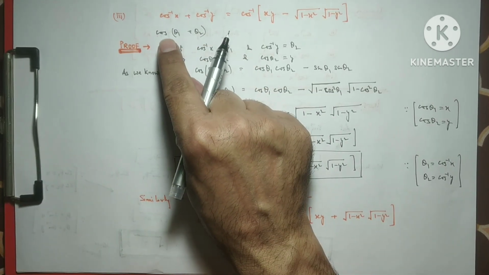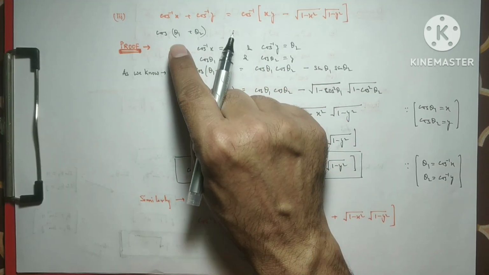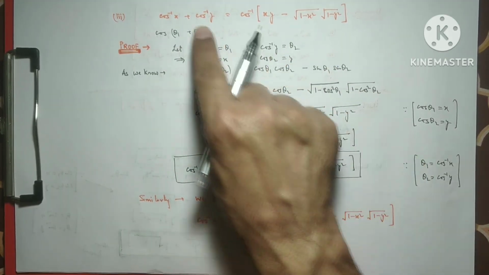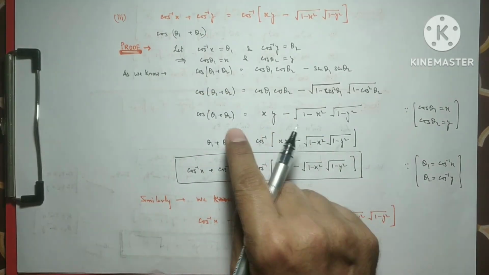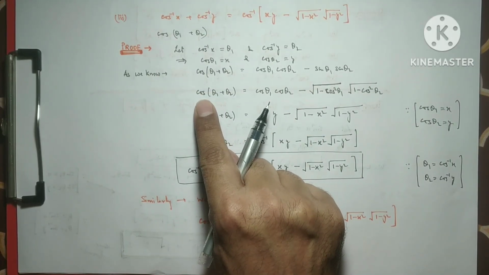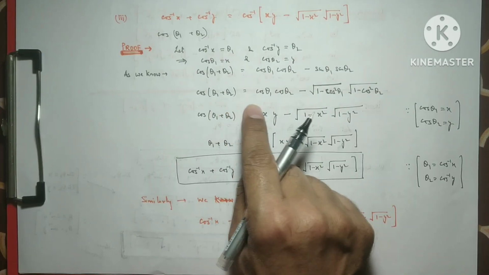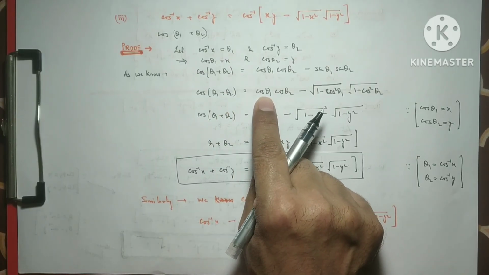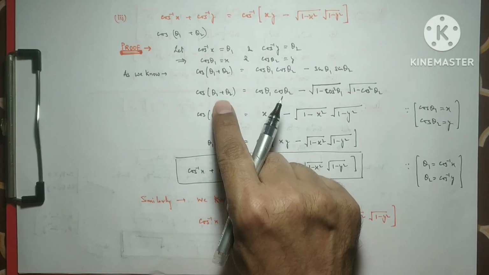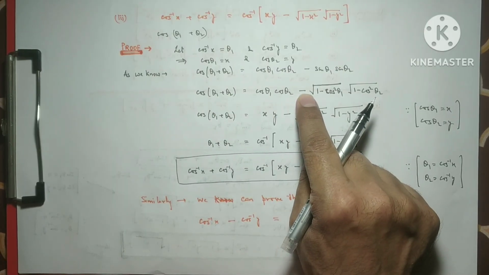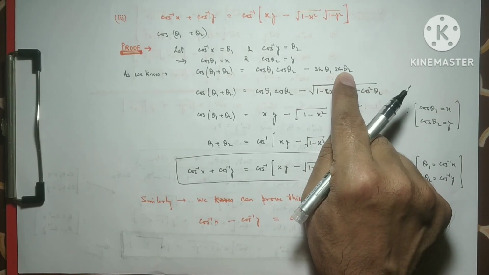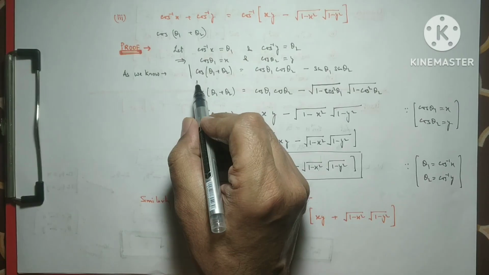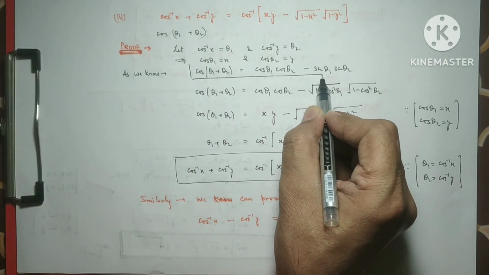So right now we have a clue of the formula which we will use for proving this result, that is cos of theta 1 plus theta 2, and according to trigonometry we have the formula cos(theta 1 plus theta 2) equals cos theta 1 into cos theta 2 minus, if we have a positive sign then it will be negative. In terms of cos we have the opposite sign, so it is negative sin theta 1 sin theta 2. So this is the formula we will use for getting the result.